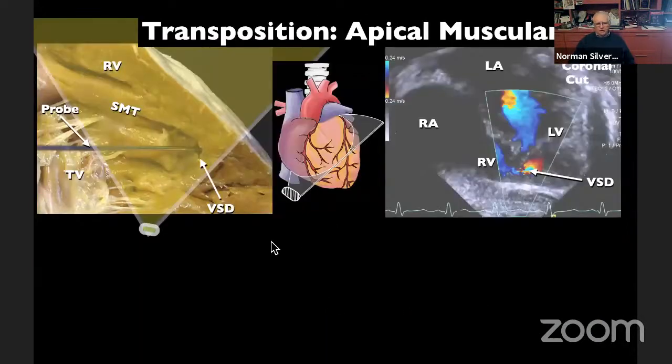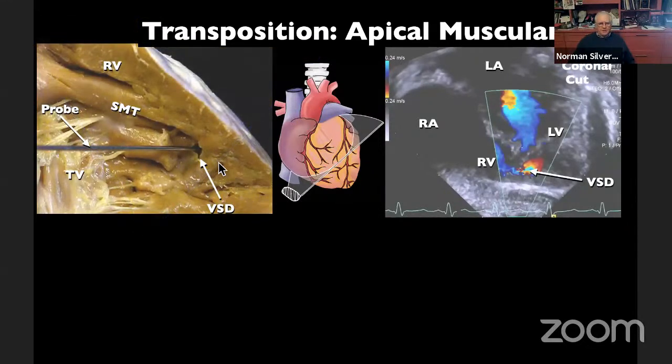Now, muscular ventricular septal defects can be so small that they are often difficult to identify without the use of Doppler color flow imaging. And so here is a small perimembranous, muscular ventricular septal defect anteriorly in the apex.